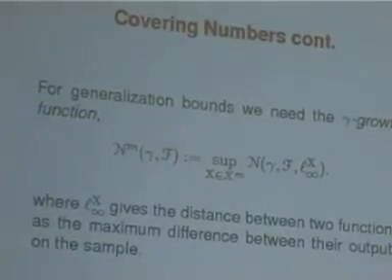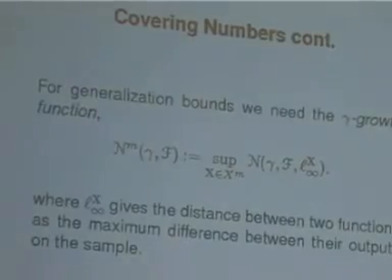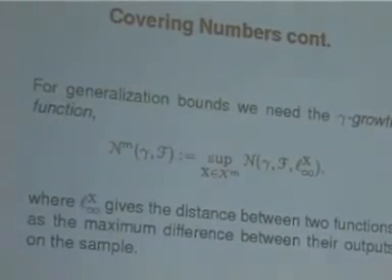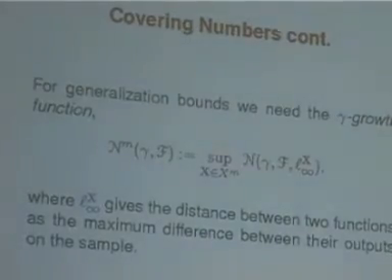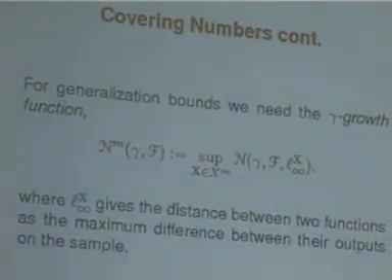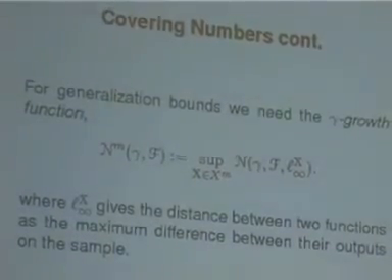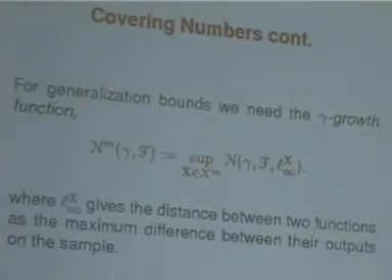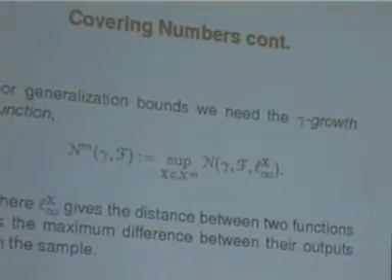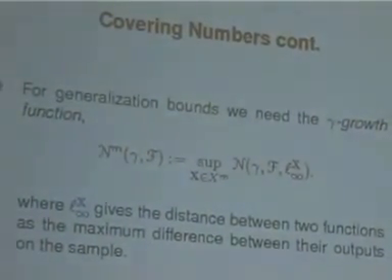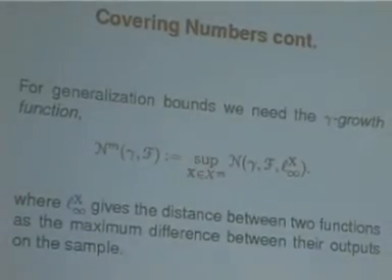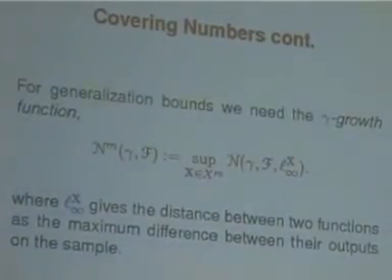What we want to ensure is that in our cover there is a function which on all of the training points has output within gamma. So this is our way of measuring the difference between two functions. We're saying that two functions are at a distance epsilon, let's say, if the distance between their outputs on all of the training examples is less than or equal to epsilon, and on one of them it's equal to epsilon.